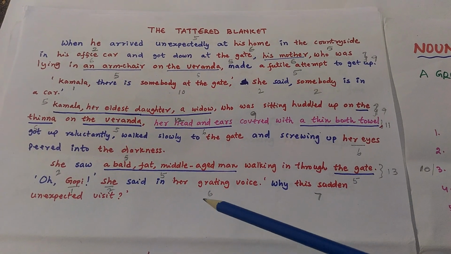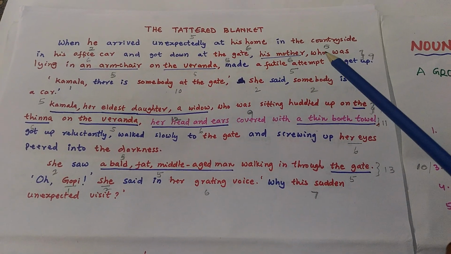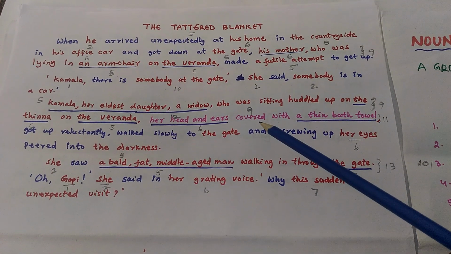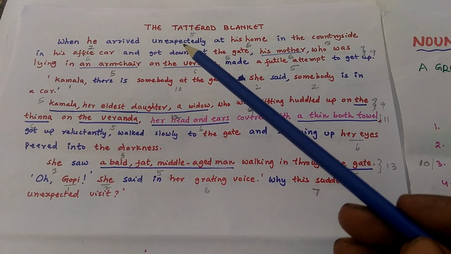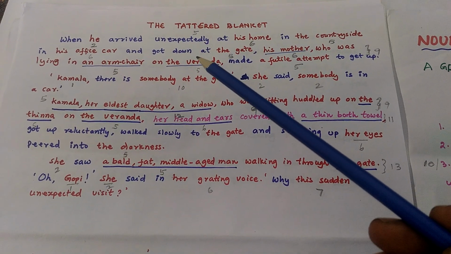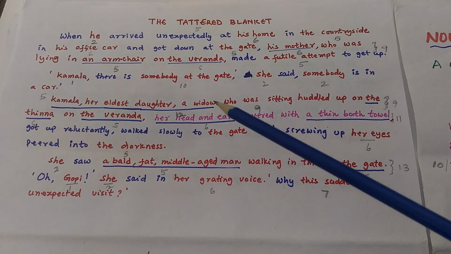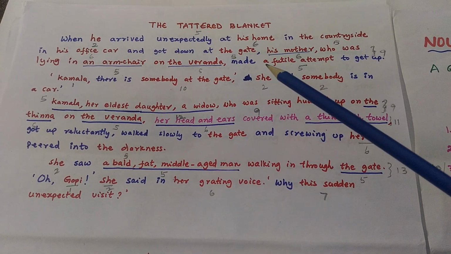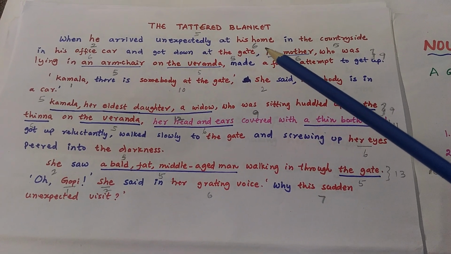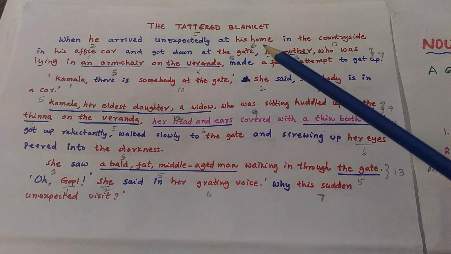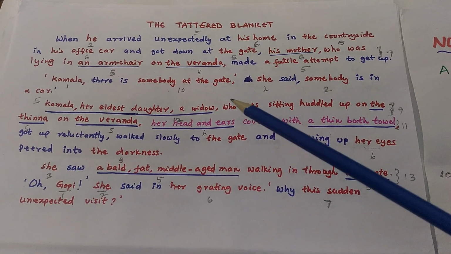This is the passage in which all red ink marked phrases are noun phrases and blue ink marked phrases are not noun phrases. You can go through this passage and know the noun phrases from red ink marked phrases. And below each noun phrase, that is red ink marked phrases, indicators are given.